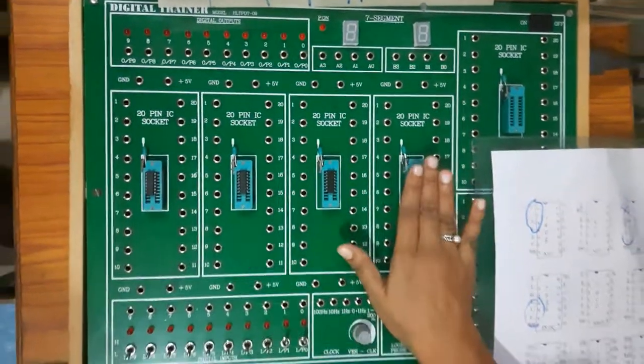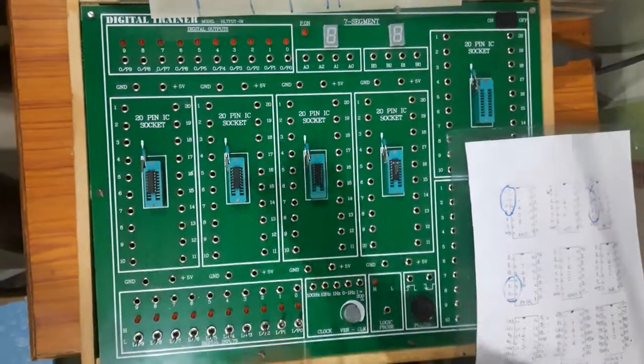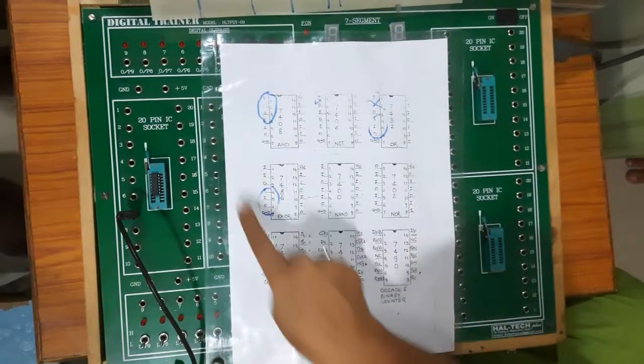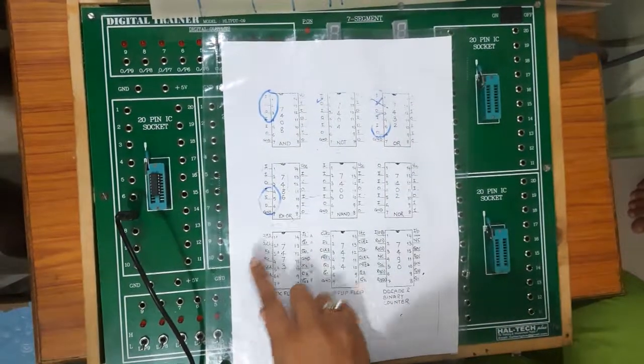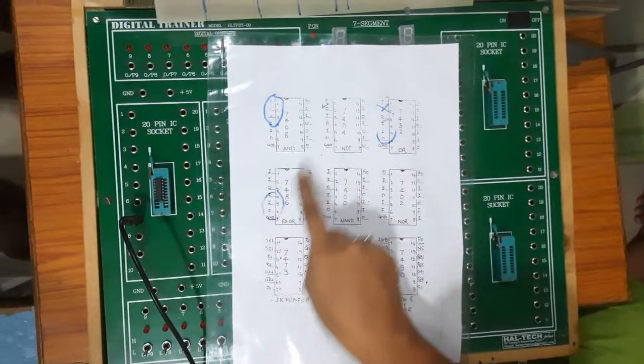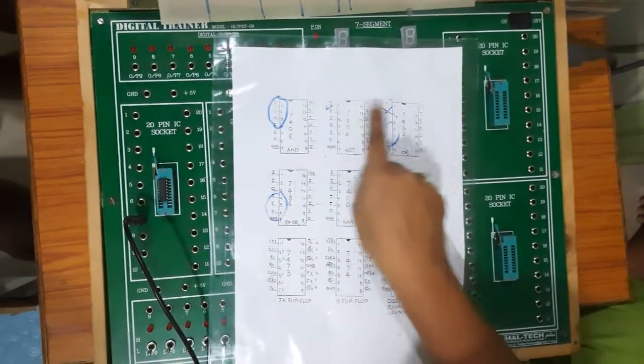Now once ICs are mounted in the socket, the first thing I have to do is connect their VCC and ground. If you observe all the ICs, the 7th pin is to be connected to ground and the 14th pin is to be connected to VCC.